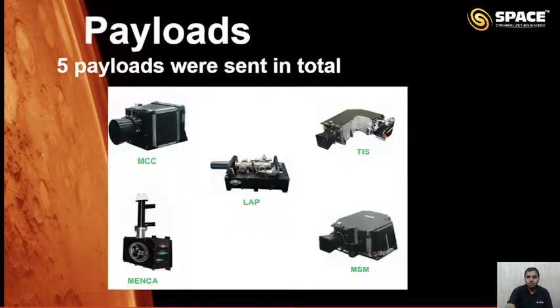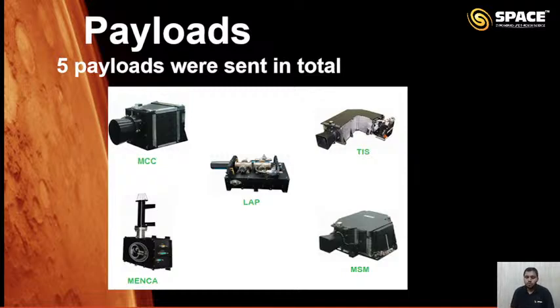Now, talking about the payloads. When I'm sending an orbiter, I also have to do some experiments. And how will I do the experiment? For that, I need some material, some instruments with me.